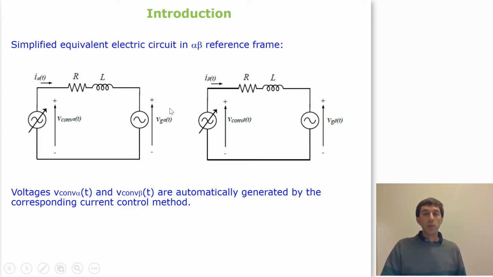And finally here we have the alpha and beta components of the grid voltage. Here we have the alpha current going through the alpha circuit, and here we have the beta current going through the beta circuit. So the voltages of the power electronic converter, these two ones, are automatically generated by the current control that we are using in this converter.